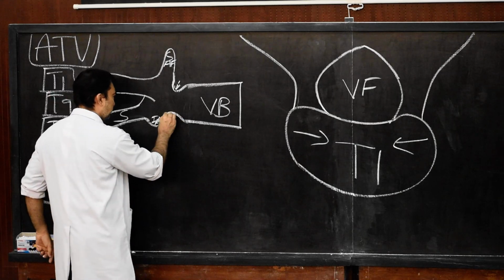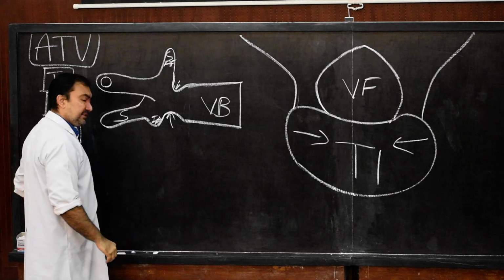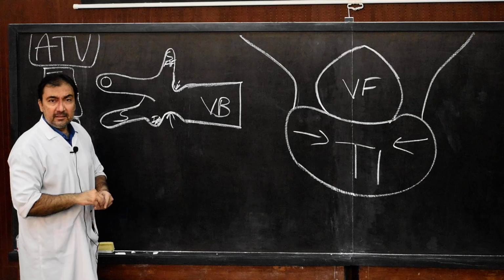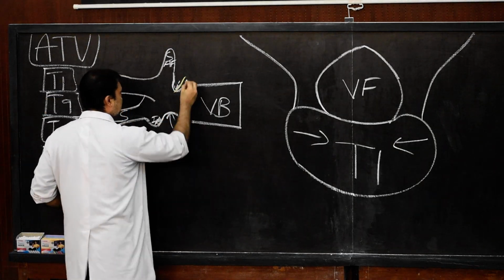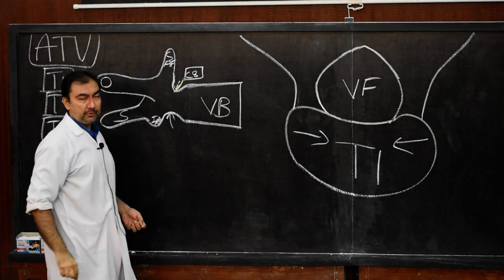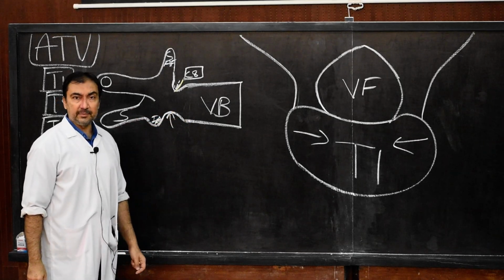Now here the superior vertebral notch will allow the passage of the C8 nerve. So here there will be passage of the C8 nerve from the superior vertebral notch of the first thoracic vertebra.